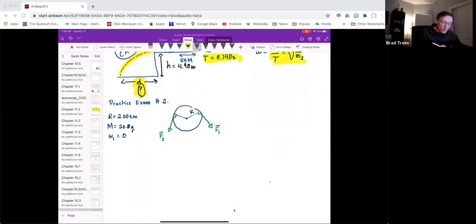So it's clear that F1 and F2 are competing, trying to get the disk to rotate, either clockwise or counterclockwise. All right, and it starts out at time 0 from rest.